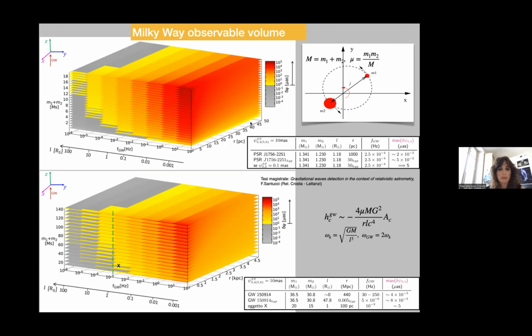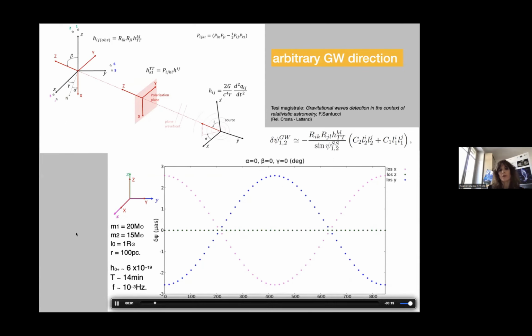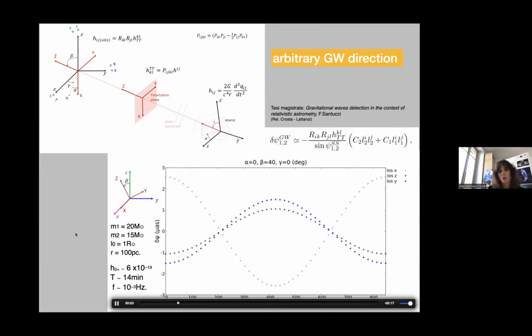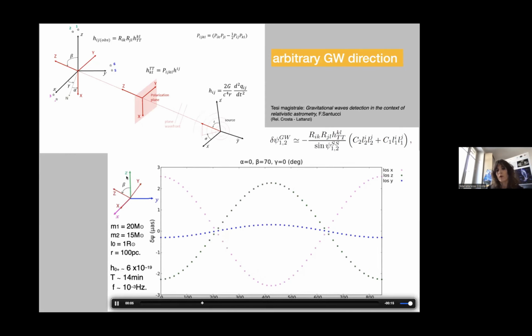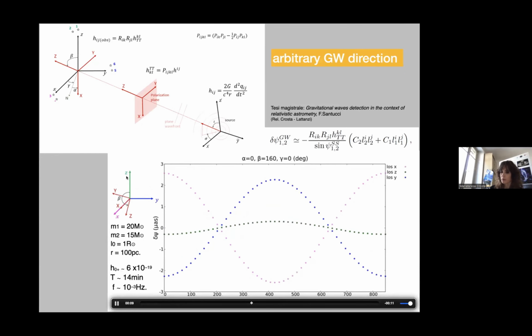So this is very promising. And of course, if we complicate the scenario, considering also different orientations of the incoming gravitational wave with respect to the reference frame defined at the detector, the signal along the propagation direction will also be small with respect to the other directions.